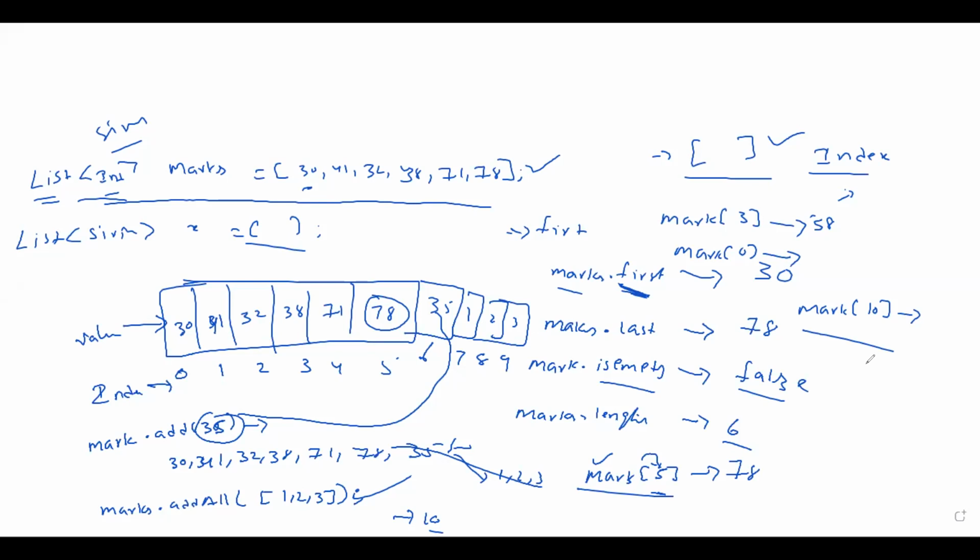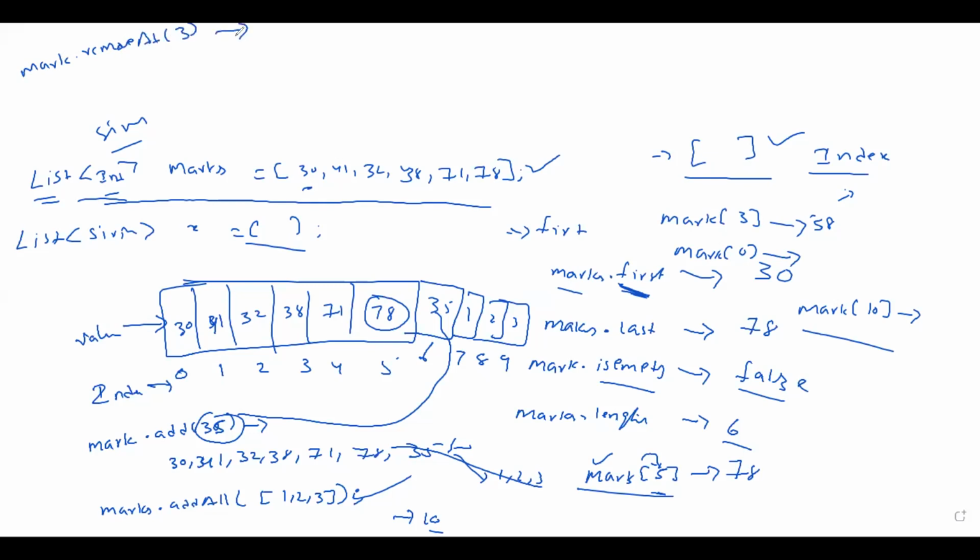So this is about the list. Any doubts till now, guys? Okay, it's clear, right? Similar to that, another method is remove. Marks dot removeAt 3.